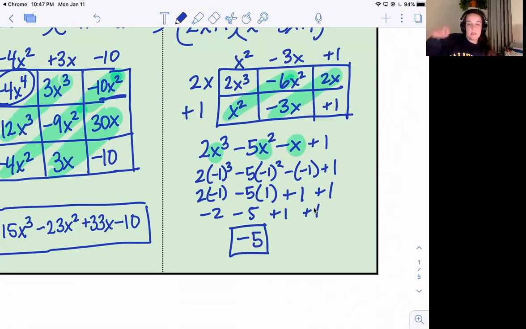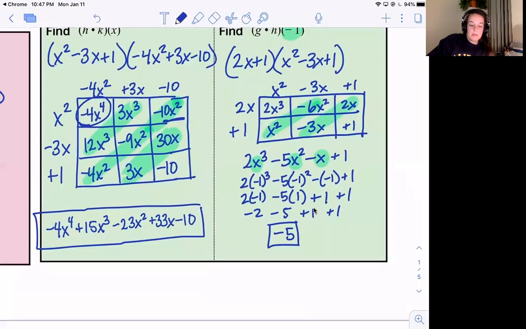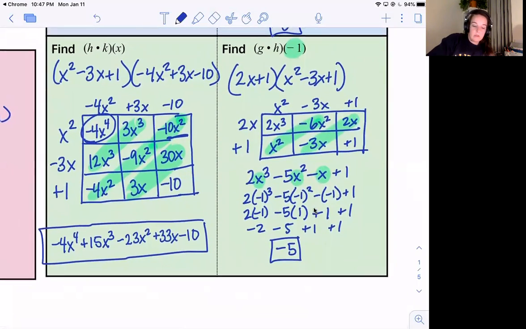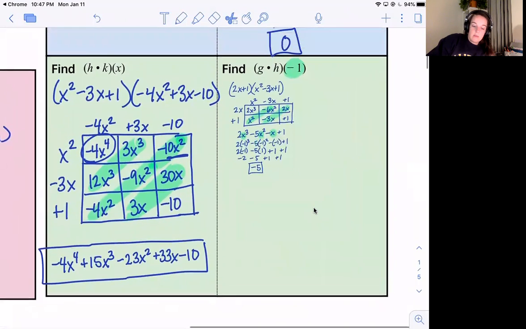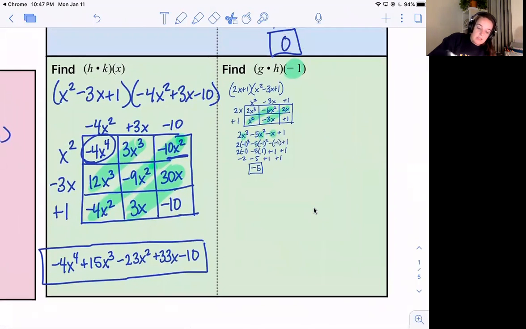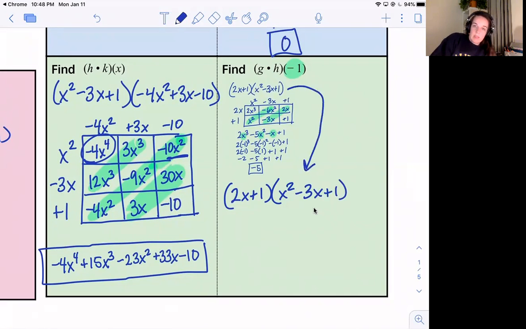Okay, so I can do it this way. Some people might like a shortcut or might like to do it in a different way. So that is method one. Method two is I can actually take these exact same equations, 2x plus 1 times x squared minus 3x plus 1. This is the same g, the same h, right?